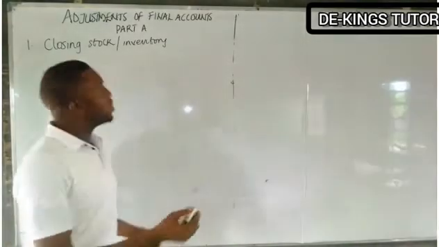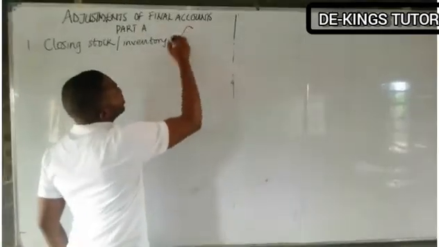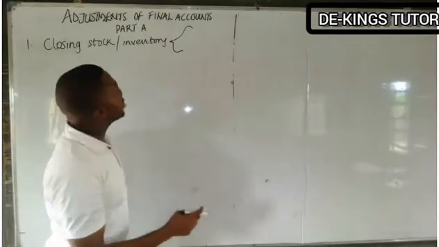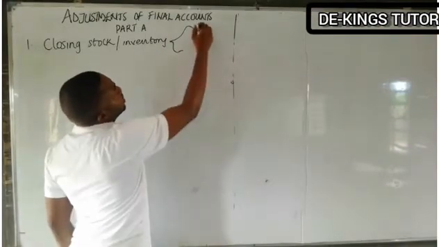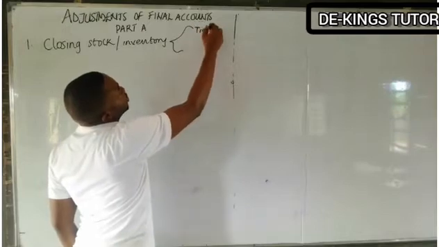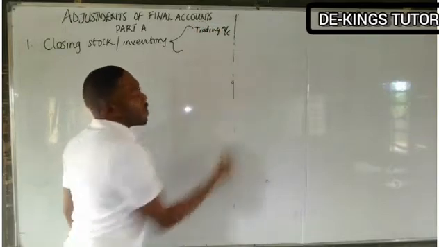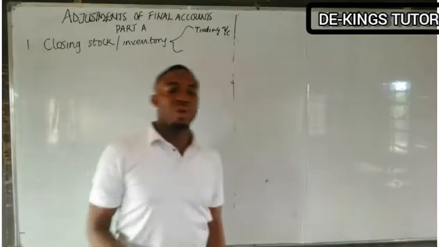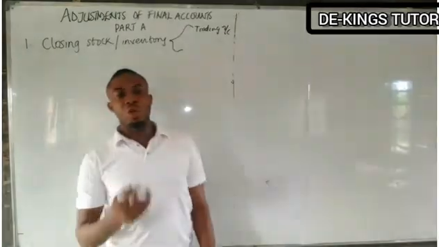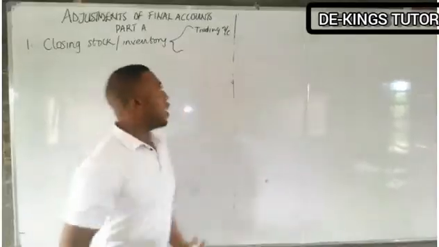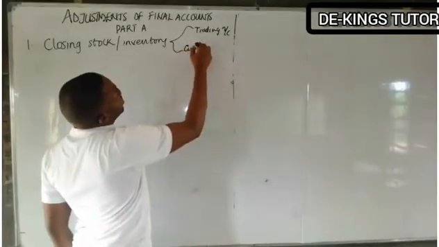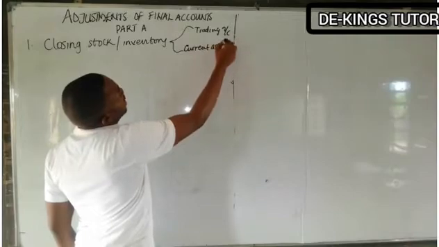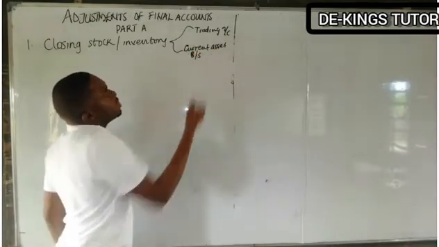What they want you to do is, the 2 accounts where you post it: the first one is the trading account, where you deduct it from the cost of goods available for sales, while the other one is under the current assets in the balance sheet.